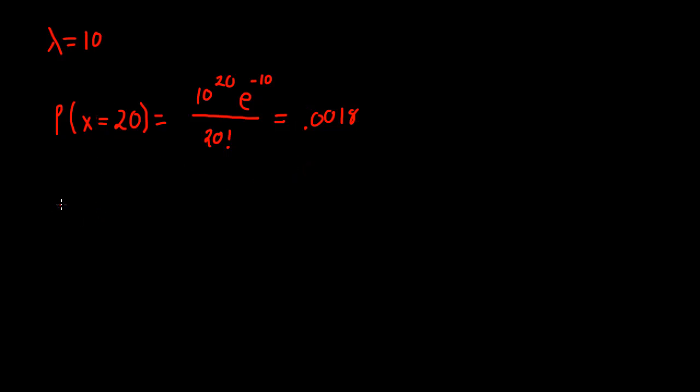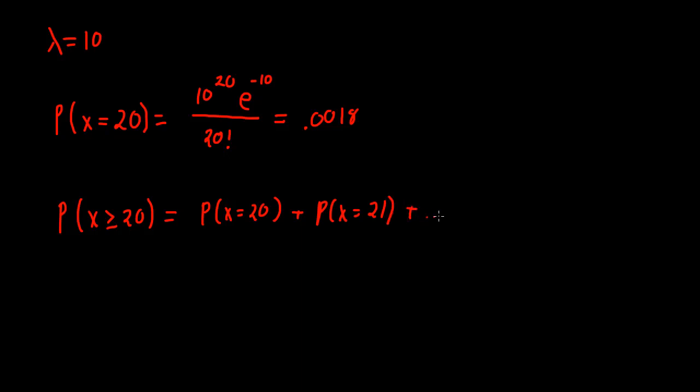However, if we wanted to look at the probability that x is greater than or equal to 20, we would have to do that for all of our different values for 20 and over. So that would be the probability that x is equal to 20 plus the probability that x is equal to 21, plus, and so on. An easier way to do that would be to find the probability that x is less than 20 and take 1 minus that value.